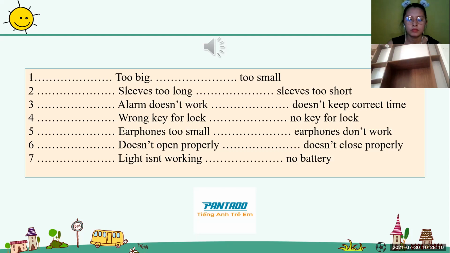It gains about an hour every day. 4. I'm afraid there isn't a key for the lock on this bag. 5. I can't hear any sound on these earphones. 6. I can't get this umbrella to open properly. It seems to get stuck. 7. I can't get this torch to work. I don't think there's anything wrong with the battery.